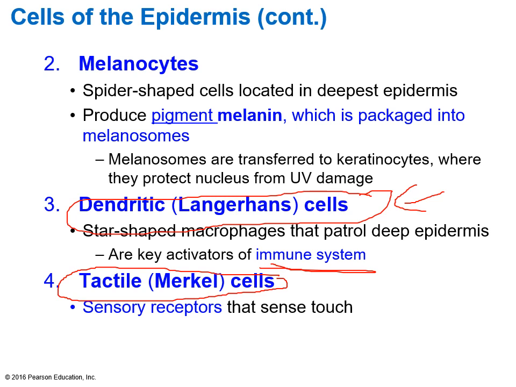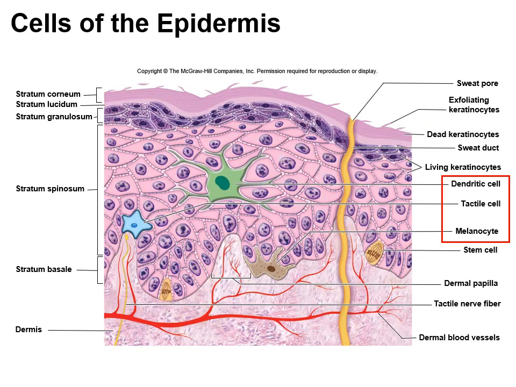So for instance, the sensation of feeling a little ant walking on your skin, or feeling a raindrop fall on your skin, or even when we look at Braille, people who are used to reading Braille, they are detecting the bumps and the texture changes, and they're able to interpret that thanks to the Merkel cells.